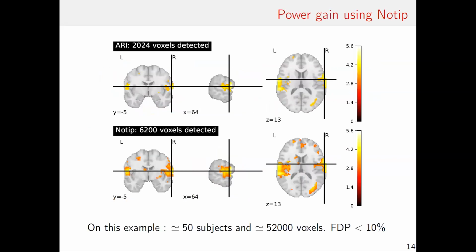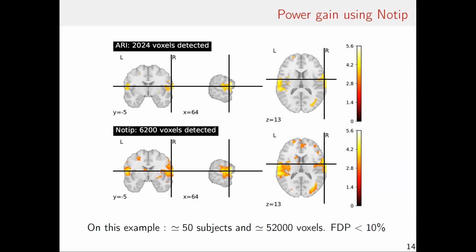So to go back to things that are a bit more concrete, here we've chosen a data set from NeuroVault, and the type of inference that we are performing is that we are trying to find the largest possible region that satisfies that its false discovery proportion is at most, let's say, 10% here. And then we are looking at the size and the location of the region that we find with each method.